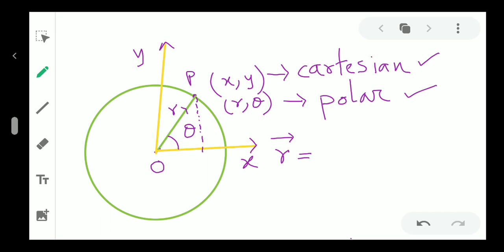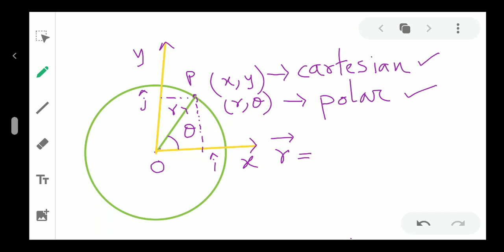So I can easily see that if this direction is i cap, because I have told you x direction basically is taken as i cap, and y direction is basically taken as j cap. So what I can do here, I can take out two components of r.